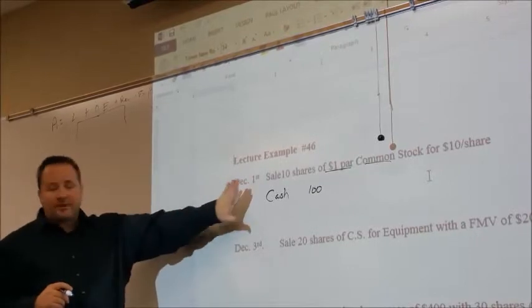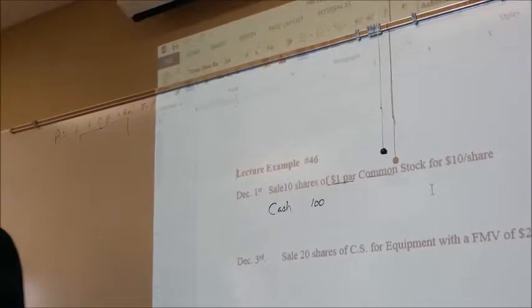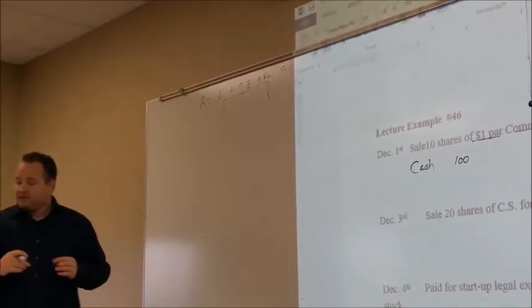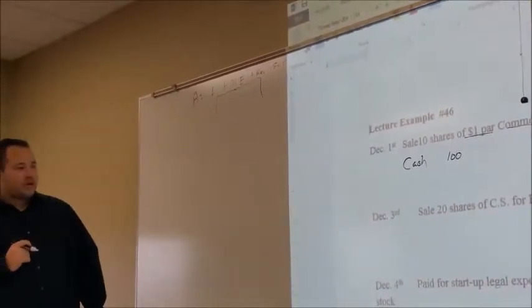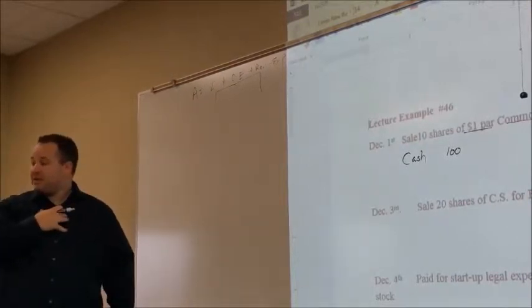Note that this is me selling my own stock, not me buying somebody else's stock. A corporation could buy somebody else's stock. This is me selling our own shares, so this is owners giving us money.